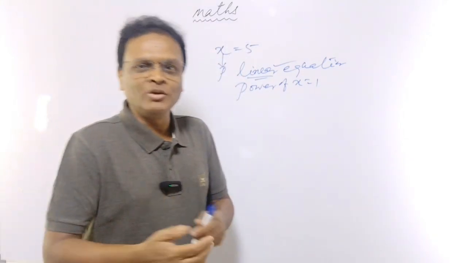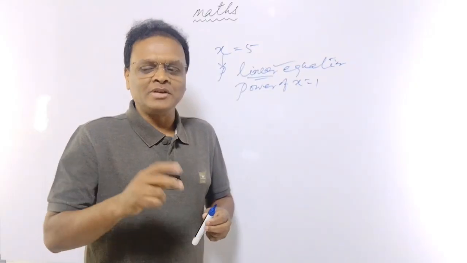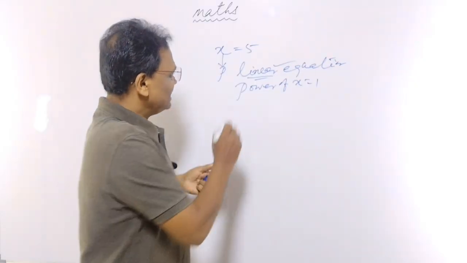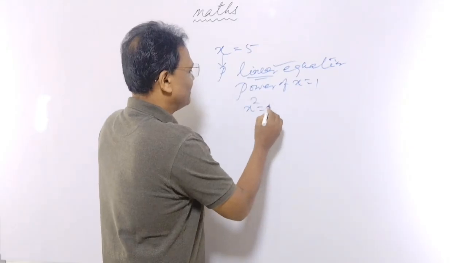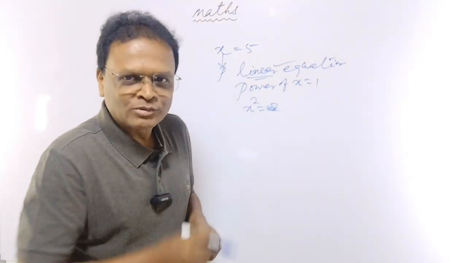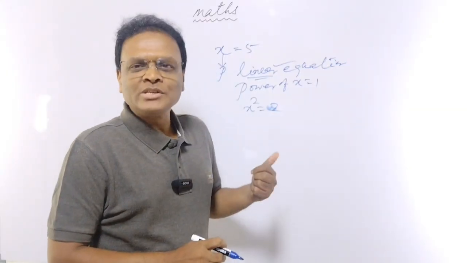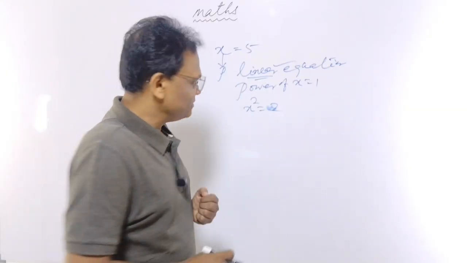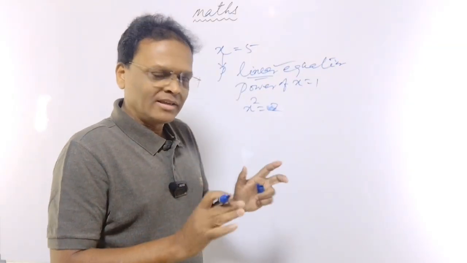If the power of x becomes 2, this equation is called a quadratic equation. Let me repeat. What is the name of this equation? Quadratic equation.